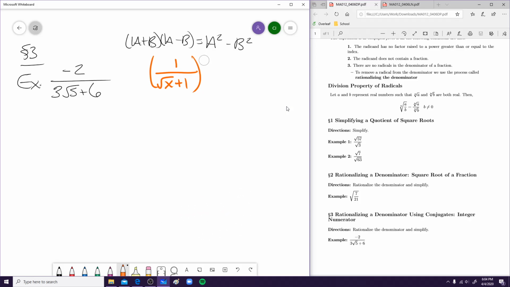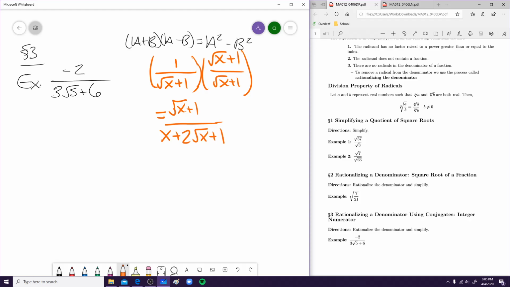So why don't I just multiply this by the square root of x plus 1 over the square root of x plus 1? Let me show you. If I do that, on the bottom it's just x plus 1, right? On top, the square root of x plus 1 times the square root of x plus 1 is a perfect square trinomial. So if I multiply these, this becomes x plus 2 square root of x plus 1, right?